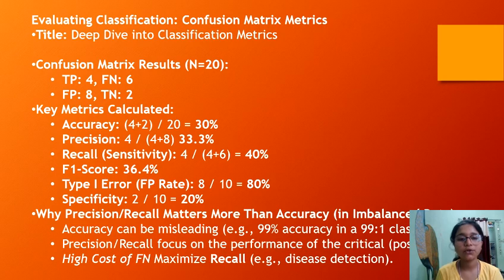Why do precision and recall matter more than accuracy in imbalanced data? Accuracy can be misleading, but precision and recall focus on the performance of the critical class. High cost of FN: maximize recall.